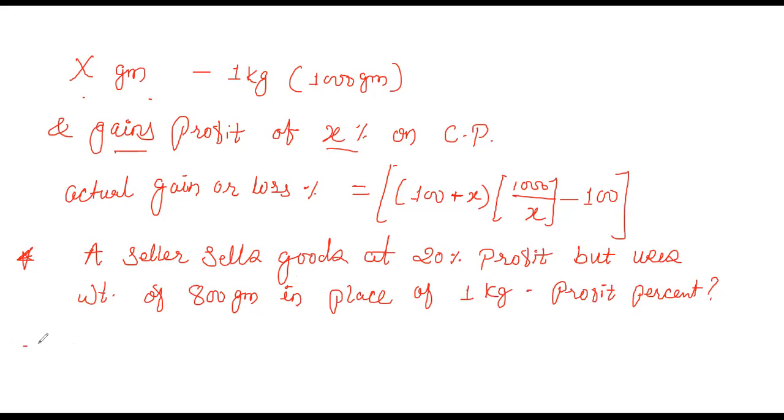So here X is given. What is the X here? This is the X, X gram instead of 1 kg. So here it is 800 gram instead of 1 kg. 20% profit, X% profit means this X will be 20.